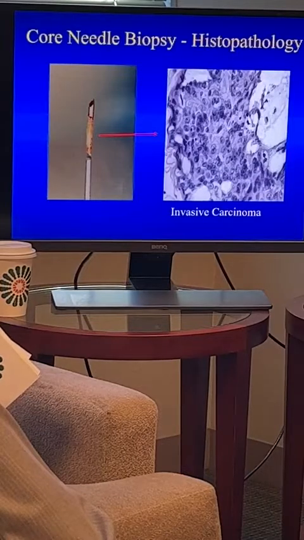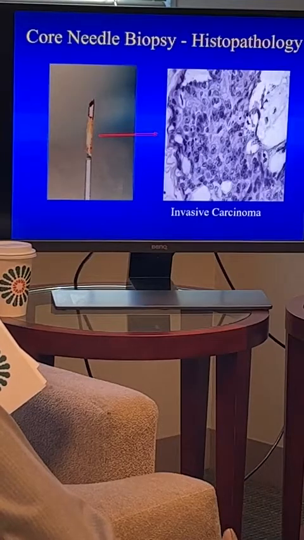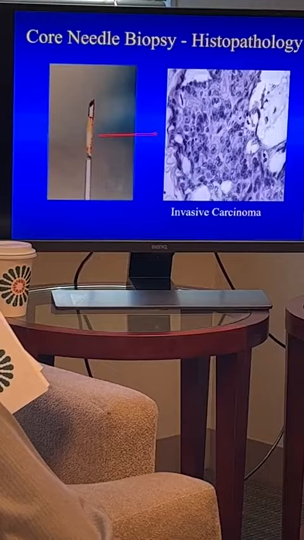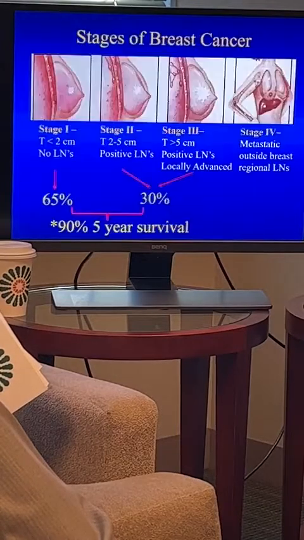Now that doesn't look like much to us, but to the pathologist it's a lot. So they can take that tissue, make stains and slides of it, as you see on the right side, and make a definitive diagnosis, in this case, of an invasive carcinoma, and then we can make recommendations and treat that patient appropriately.